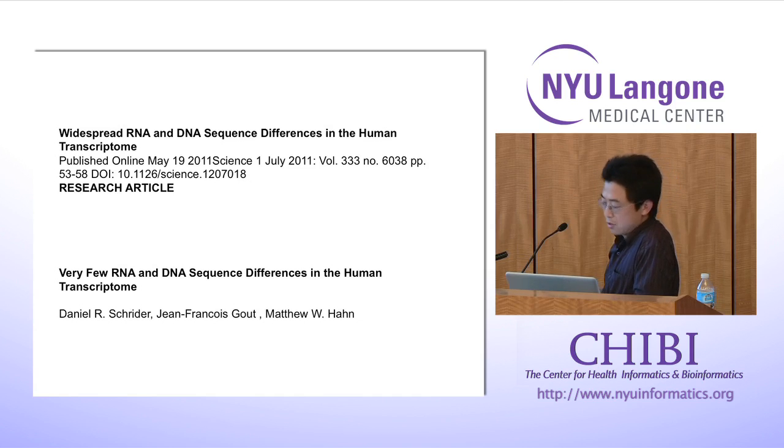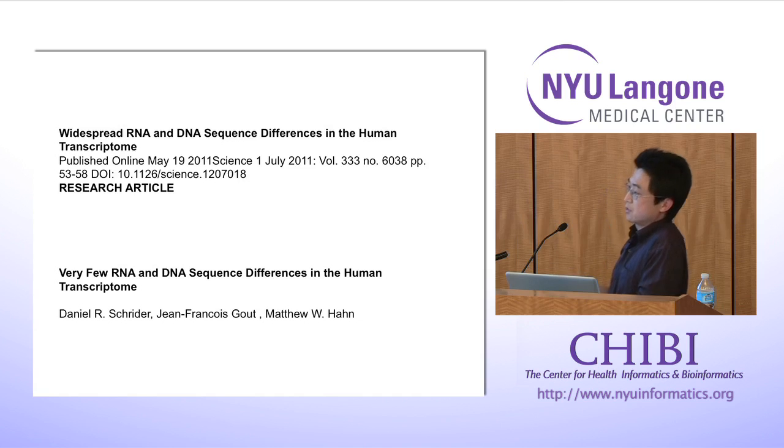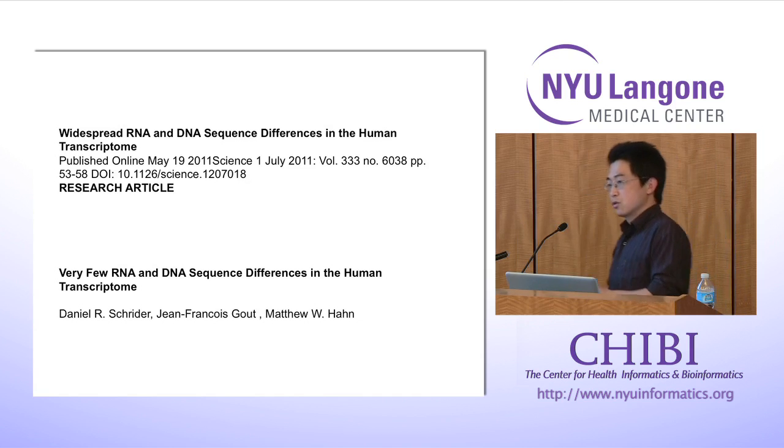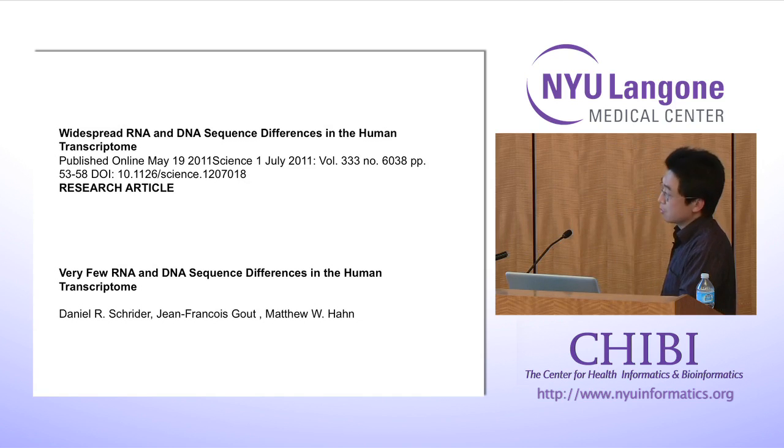What they discovered was very surprising, astonishing. They claimed that there are widespread RNA and DNA sequence differences in the human transcriptome. If this is true, all the variants you discovered may be because of this RNA editing mechanism.